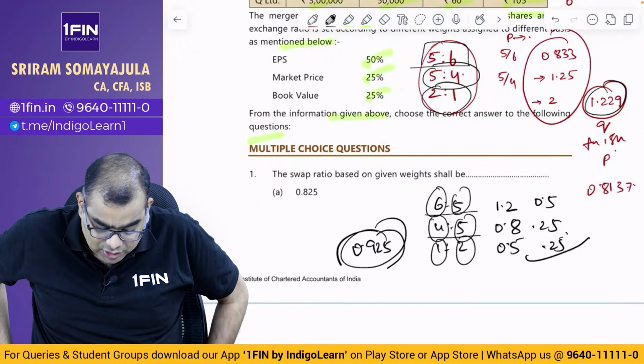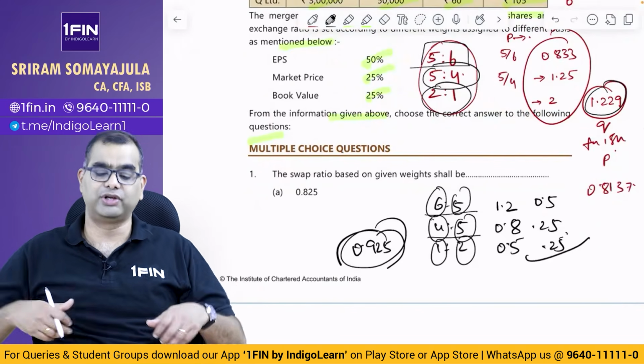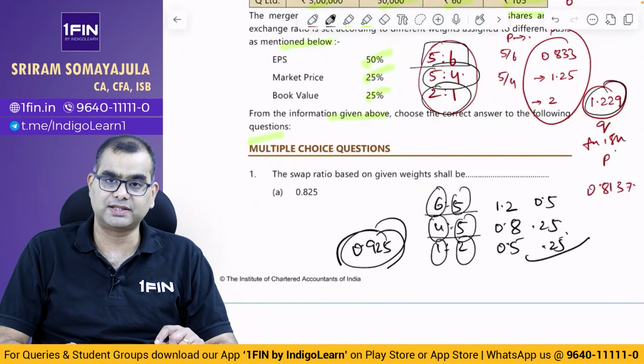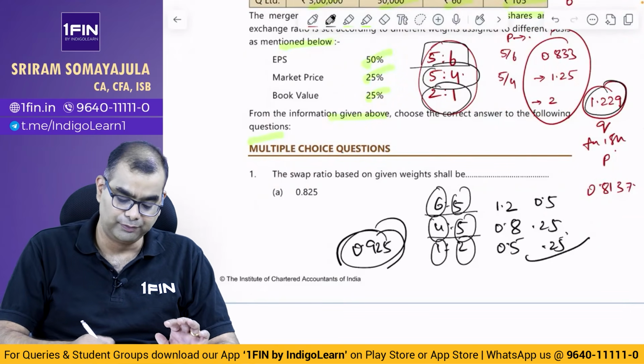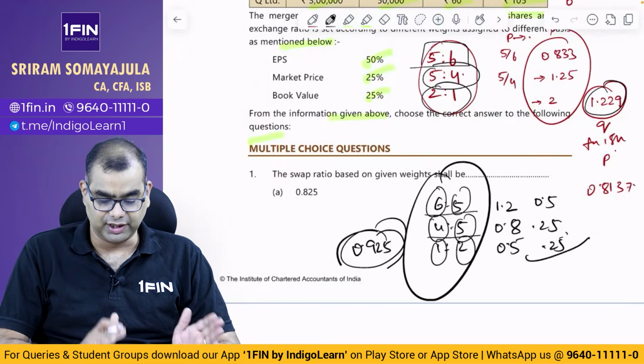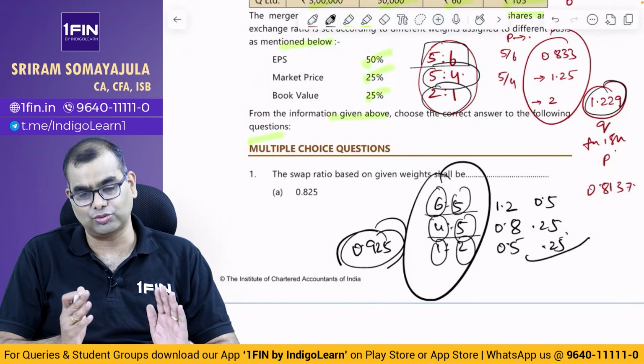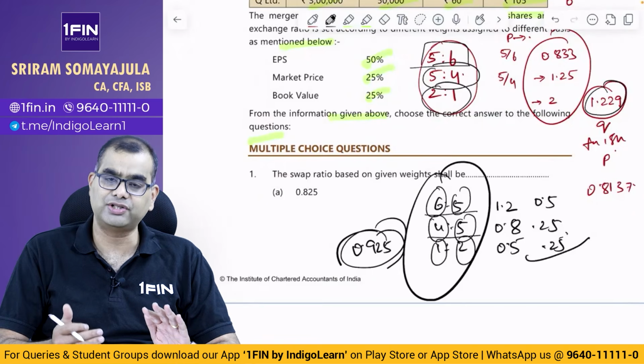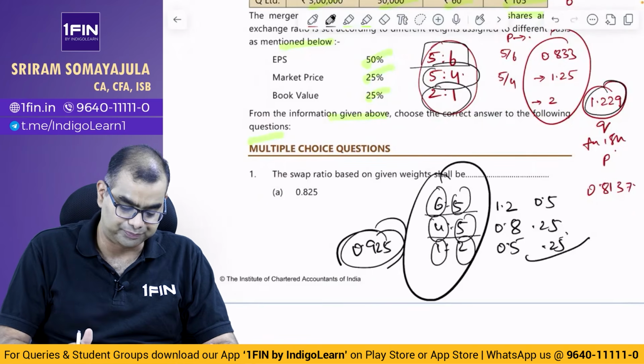More often than not, the institute gives answers which can be directly computed like this. So if at all you have a doubt, how should I do? Always follow this method: ratio of EPS, then make it inverse, make it into actual shares exchange. For that you take numerator by denominator.